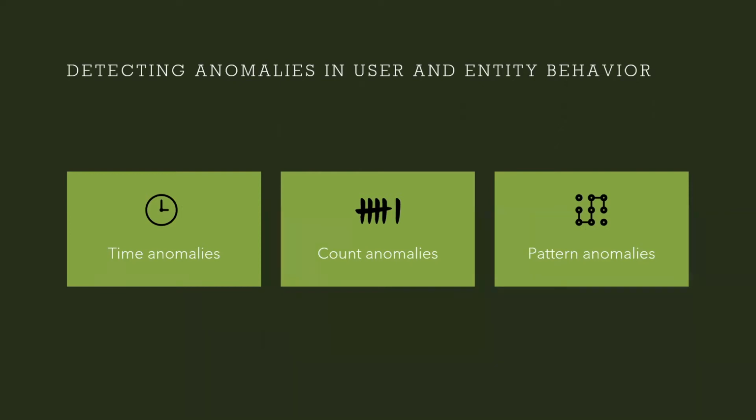Because think about it, to know what's not normal behavior, we first have to understand what normal behavior actually is. So that's the first step. So we have to calculate a baseline for every user and entity in the network. With time anomalies, we are asking questions such as, did a user log on at a time that fell out of their expected range?